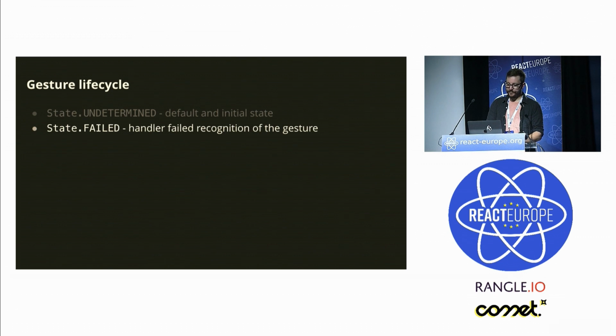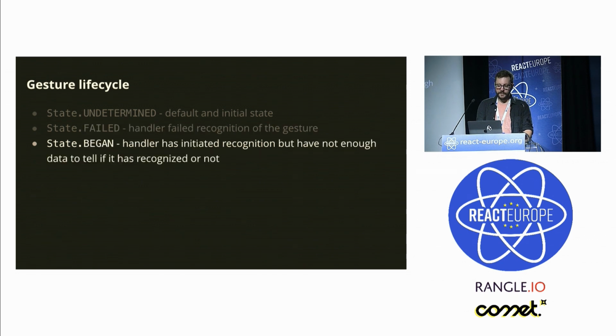It's the default initial state. Failed, we can look at that more later, but basically failed to recognize. Began is when you have touched the thing, but it doesn't have enough information yet to know whether it should activate or fail or not. And so it's still just waiting in a state of receiving more touch events, and from there it can determine whether it should activate.